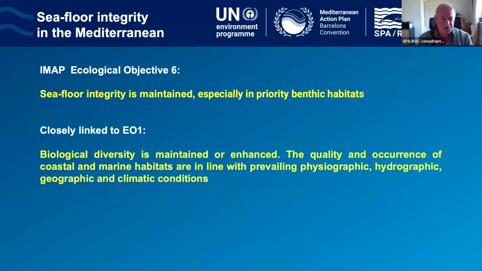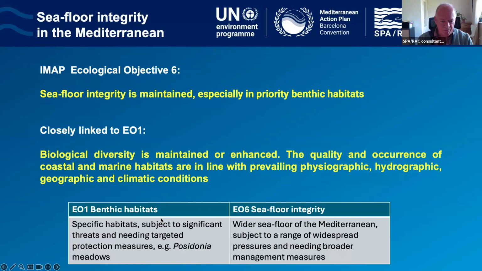By contrast, there's a closely related EO1, which is about the maintenance of biological diversity, and the quality and occurrence of coastal and marine habitats being in line with prevailing physiographic, hydrographic, geographic, and climatic conditions. And as a very brief introduction, I'll come back to this a bit later.